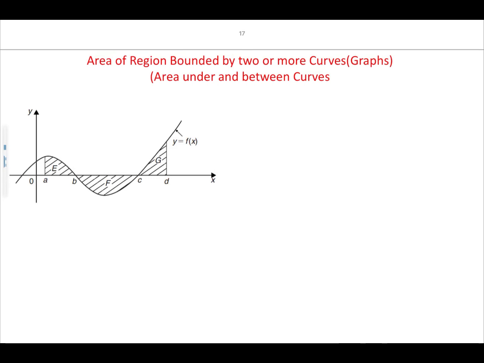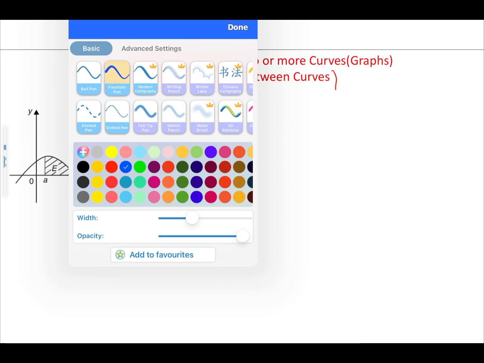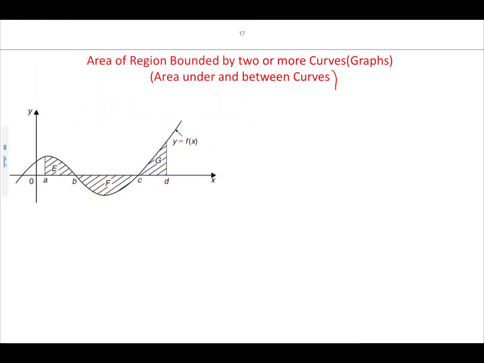Area of a region bounded by two or more curves or graphs. That is, area under and between curves. So let's proceed here. There are a number of applications of integral calculus, right?